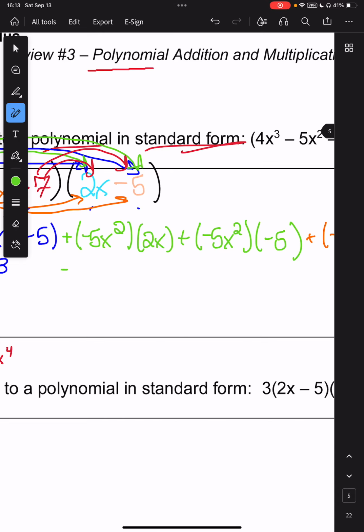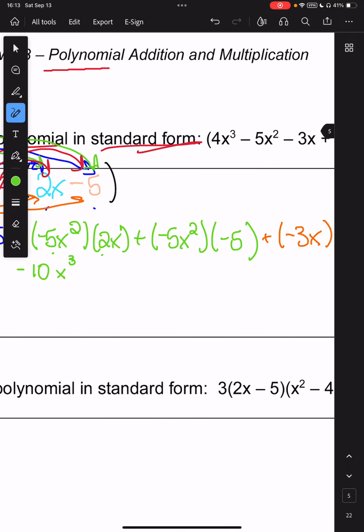So negative 5 times 2 becomes negative 10. X squared times x. Remember our rule: we just add the exponents. So 2 plus 1 is 3.